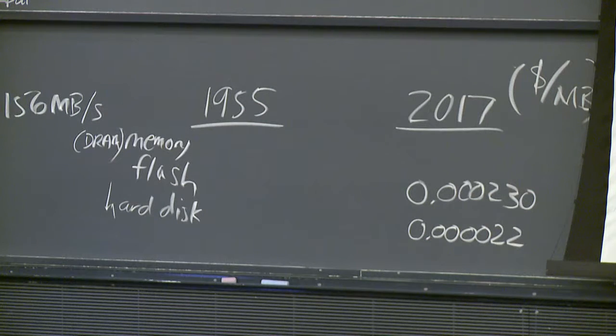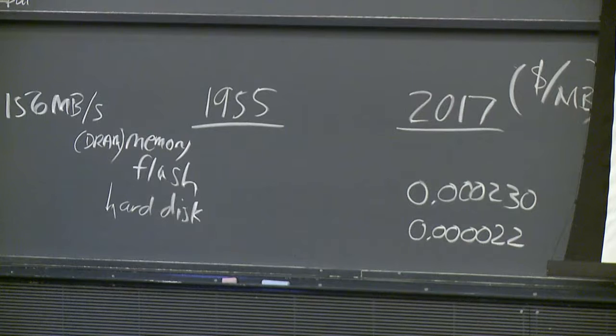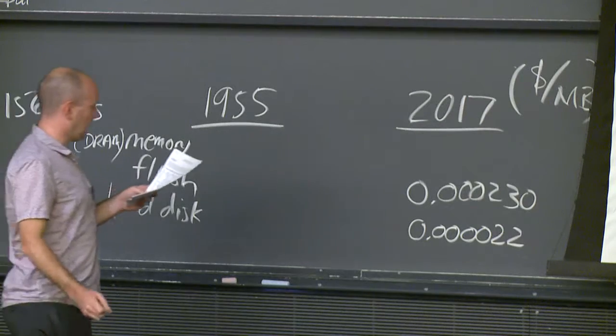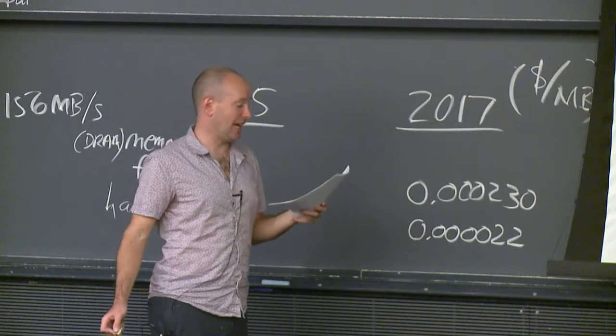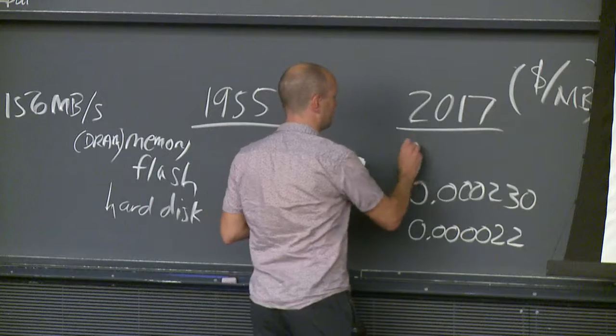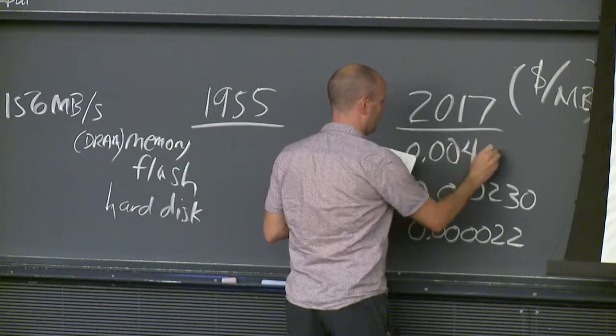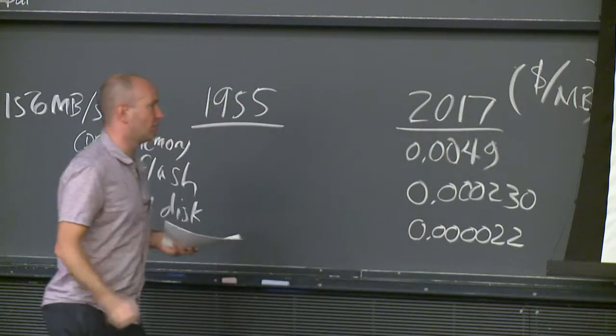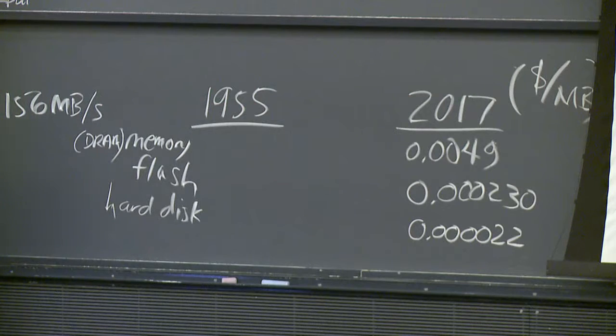Okay, memory. How much more expensive is memory going to be than flash? 50x? I was going to go with 100x. I believe that it's 0.0049, so it's about 20x.